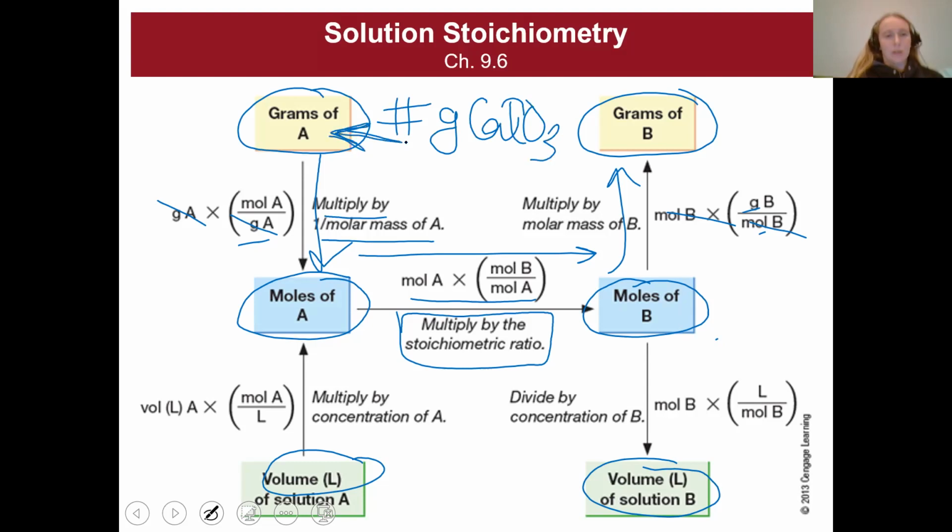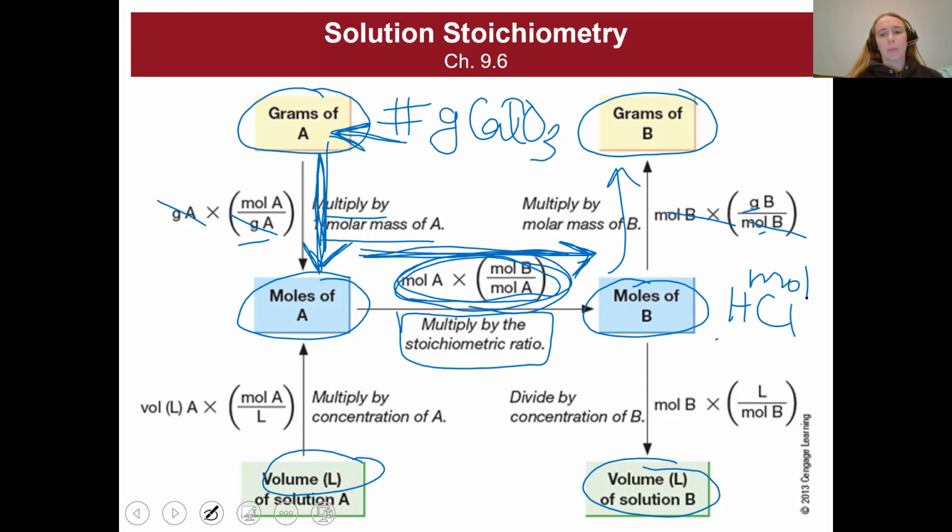That would be your A. You'd have your balanced equation, which would give you this mole ratio. So you need to go from grams of A, grams of calcium carbonate, to moles of calcium carbonate. Always need to go to moles before we can go to some other substance. Then we use our mole ratio to get moles of B. So this would be our moles of HCl. And we want to find a volume.